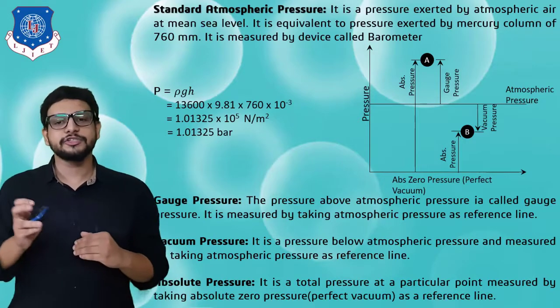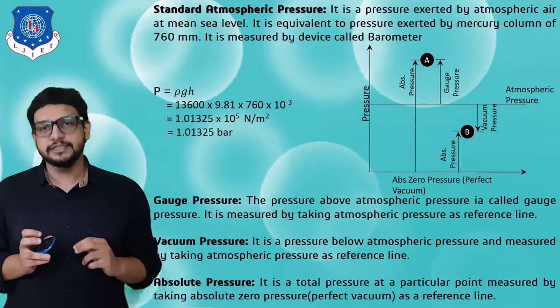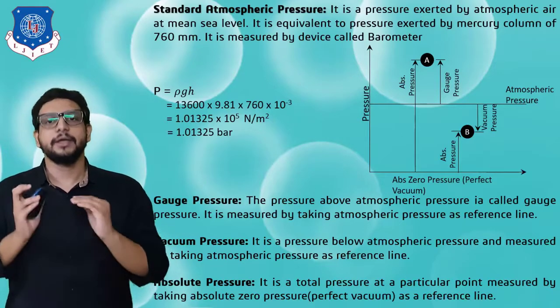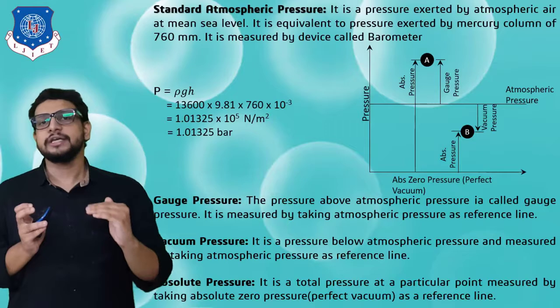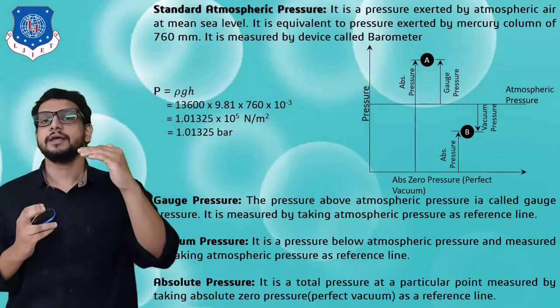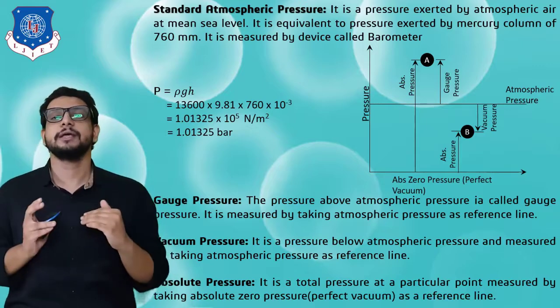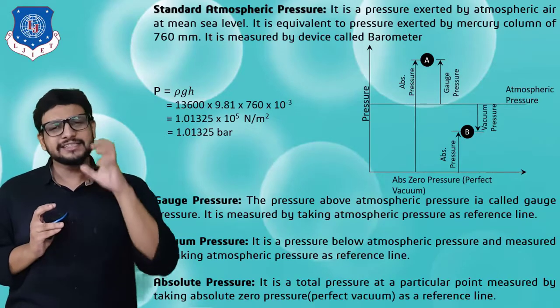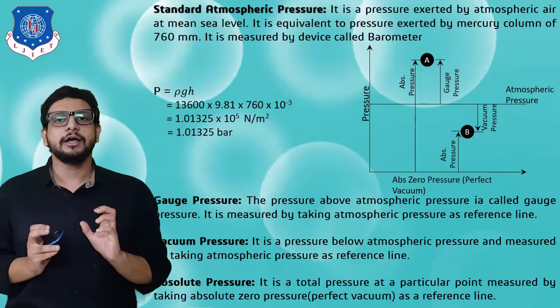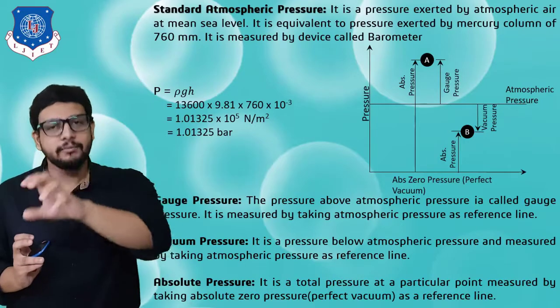Now on your screen, I have shown 2 points in a diagram, point A and point B. Point A, if you notice, is above the atmospheric pressure line, whereas point B is below the atmospheric pressure line. Let's consider the situation at point A, where I have taken an automobile tire.